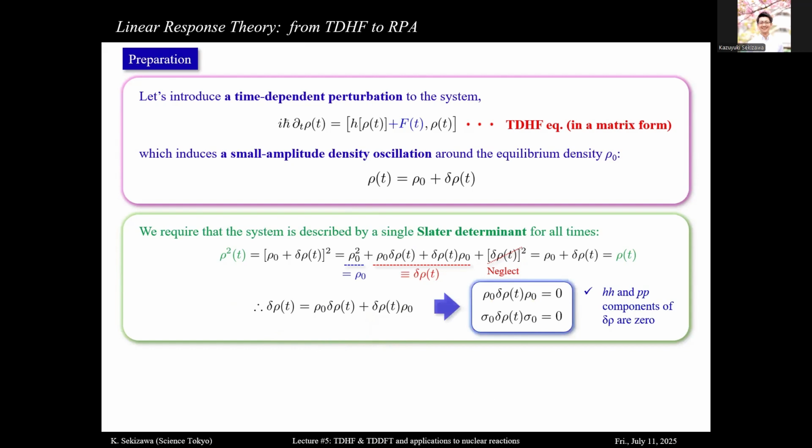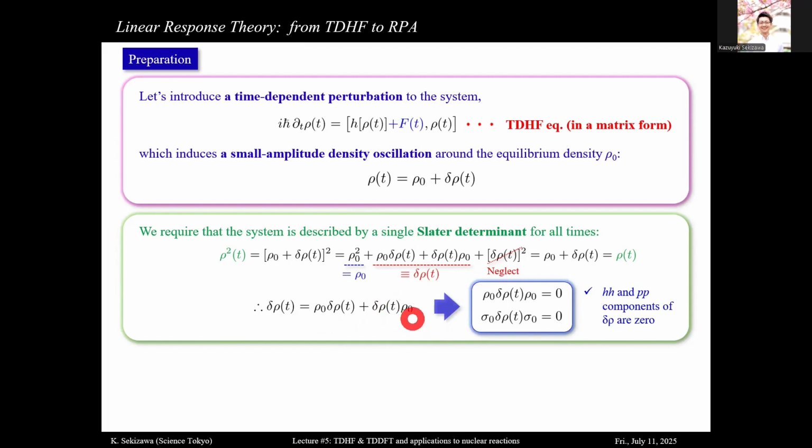And then, for instance, from this equation, by operating from both sides with rho 0 or sigma 0, you can get this equation. So sigma 0 is simple because there is rho 0 sitting on the left or right hand side of delta rho.